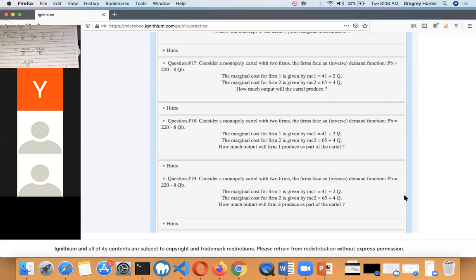Okay. Right? You agree or no? And then the 65/4, I have to multiply by 2/2, and then I get 130/8. I don't know if you can see my lines there. Do you agree?